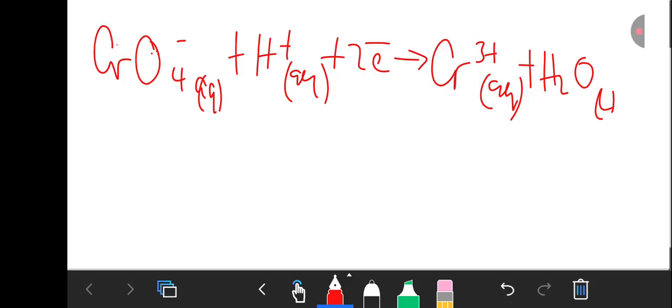Then you have been asked to write the shorthand notation for this reaction.